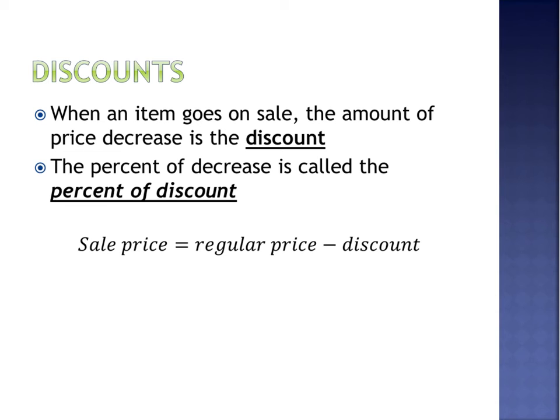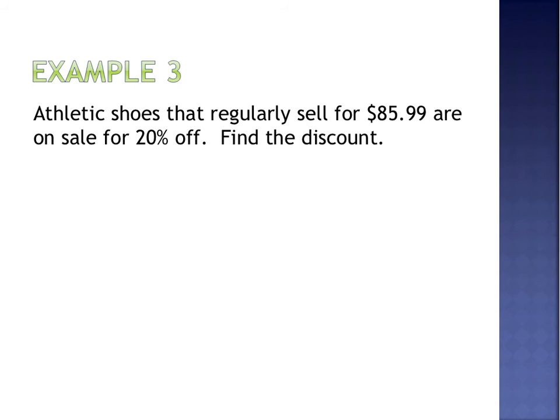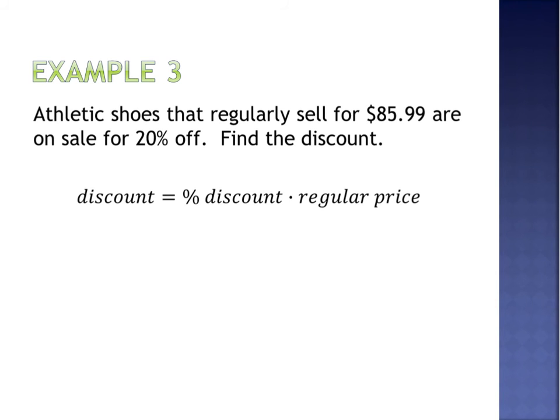Let's take a quick look at another example. For example 3, it says athletic shoes that regularly sell for $85.99 are on sale for 20% off. We want to find the discount. Discount can be found similar to a markup. We take that percentage of discount and multiply it by the regular price.